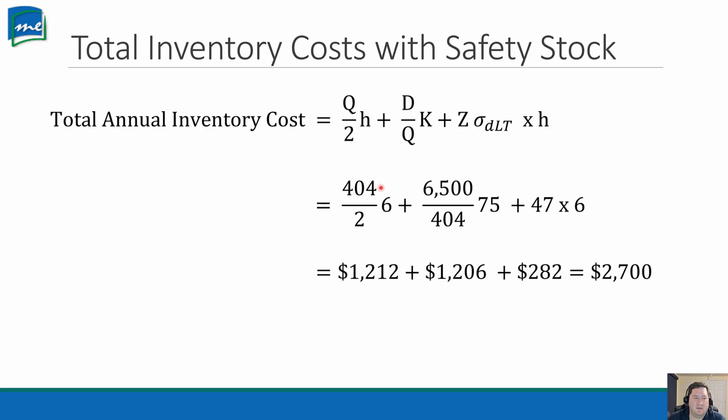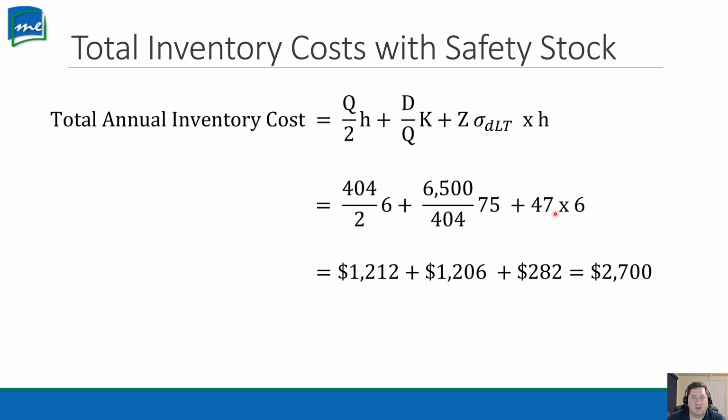Using 404, because that's what we said our economic order quantity is, we have our quantity, 404 divided by 2, multiplied by 6, because 6 is our holding cost. Then our annual demand is 6,500 units, and the quantity we order each time is 404. It costs us $75 per order. Then we have our safety stock.